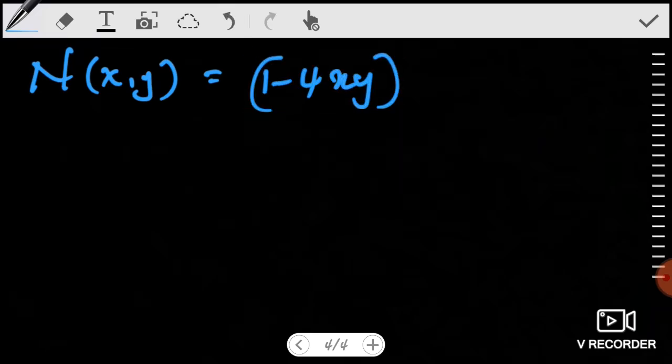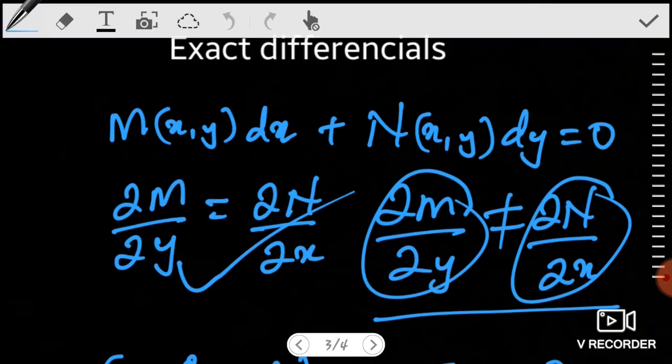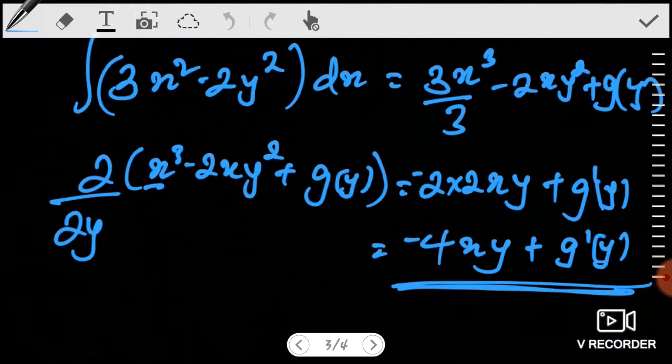Now, what we have got, as our derivative, has to be equal to this, right? Our derivative with respect to y was negative 4xy plus g prime of y, yes? So, let's apply this side.